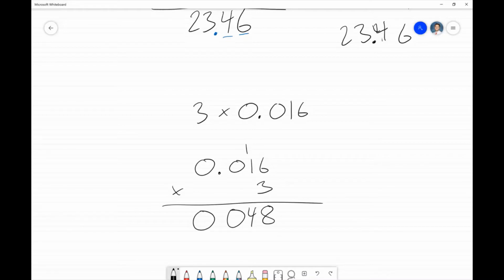Again, we'll count the total decimal places we have in this problem. So that's 1, 2, 3. So we need 1, 2, 3, making our answer 0.048.